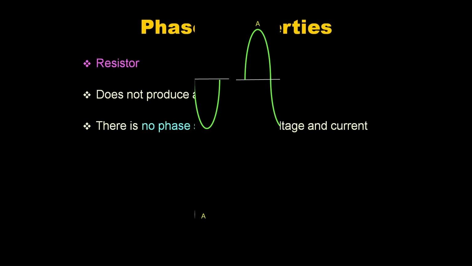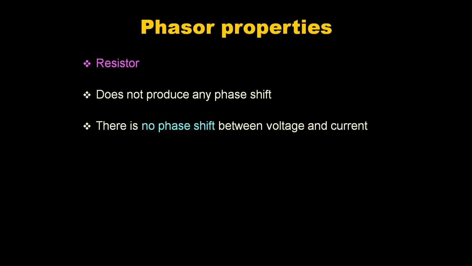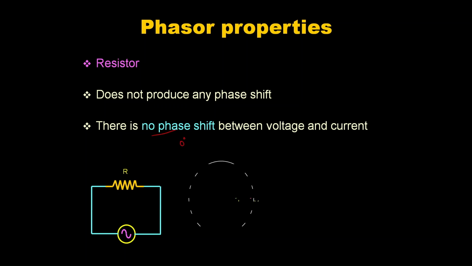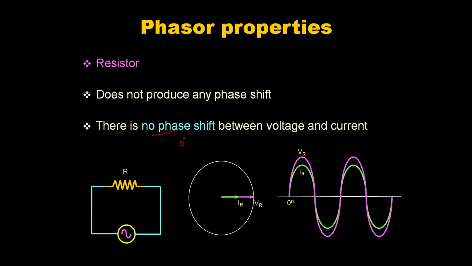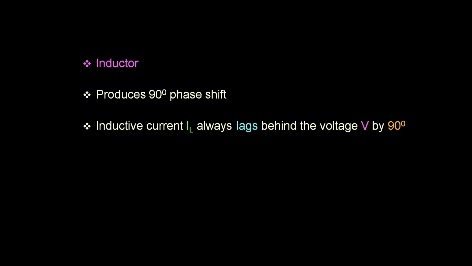Now moving on to the resistor. Does a resistor have any phasor properties? No. A resistor has no phase shift between voltage and current, meaning it is 0 degree phase shift. Now, inductor and capacitor both have a 90 degree phase shift.